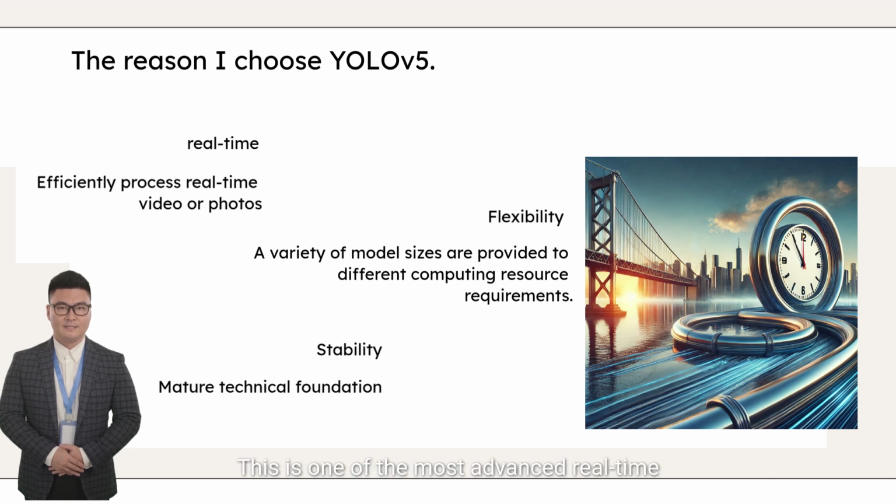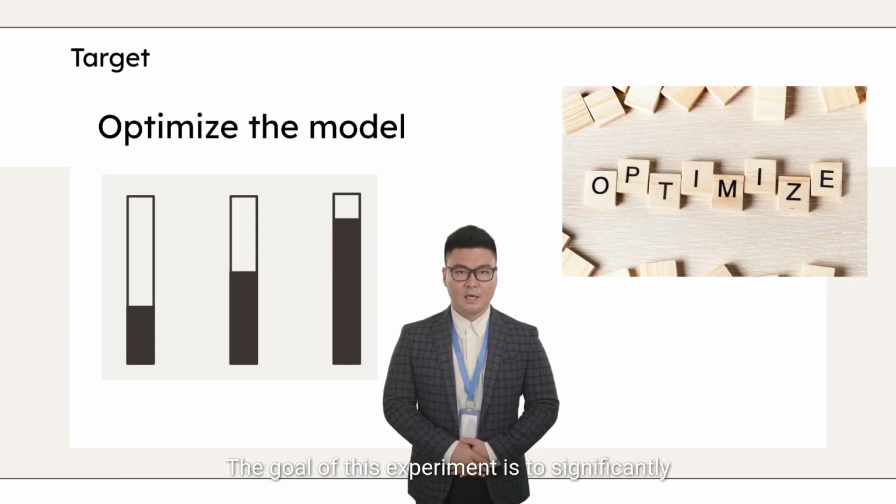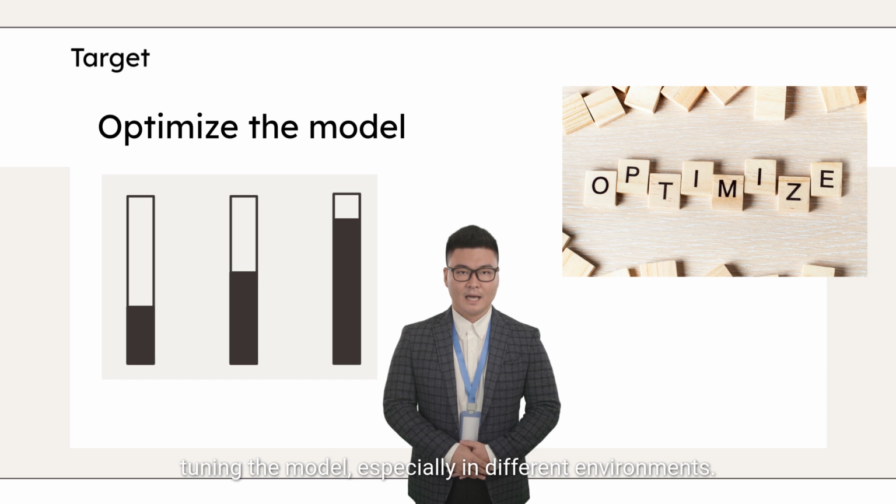This is one of the most advanced real-time object detection models. Compared with some newer models, YOLOv5 has more complete accessories, mature technical foundation, and stable performance, which are the advantages of YOLOv5 at present. The goal of this experiment is to significantly improve the accuracy of face recognition by tuning the model, especially in different environments.